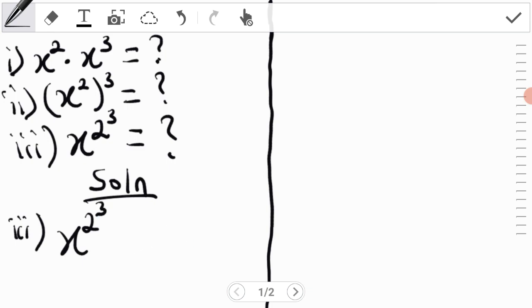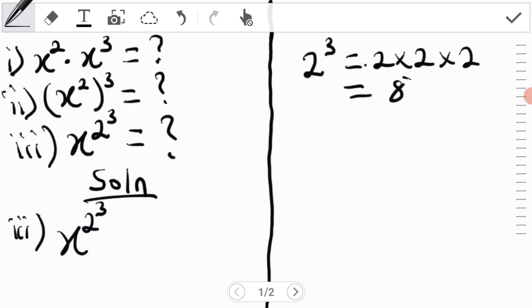Now, even applying common sense can tell you that the 2 has to be dealt with the power 3 first. So it's supposed to be 2 raised to the power 3, which is 2 times 2 times 2, which will give you 8.